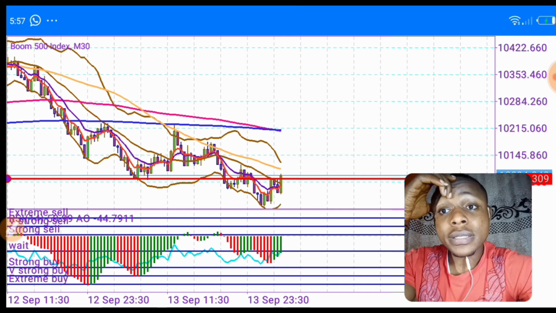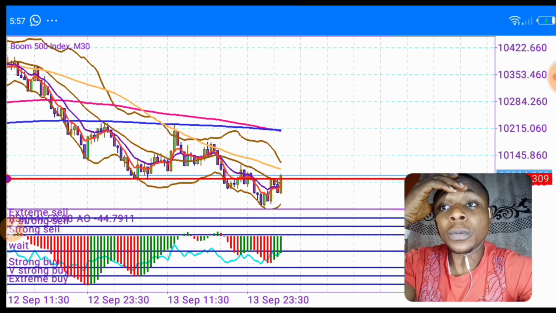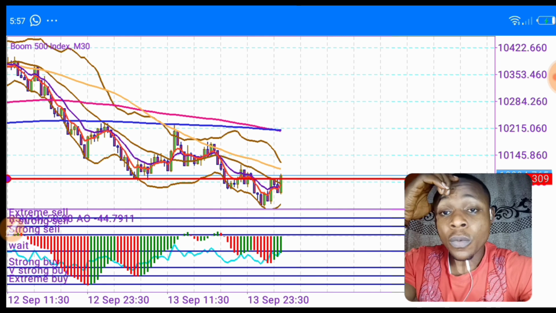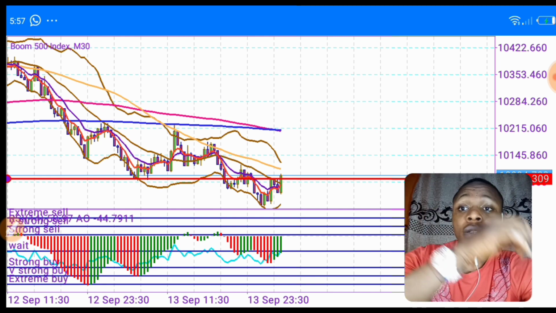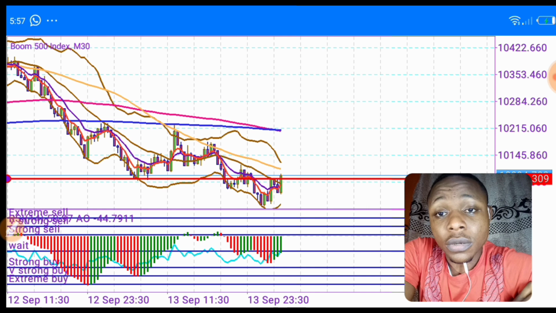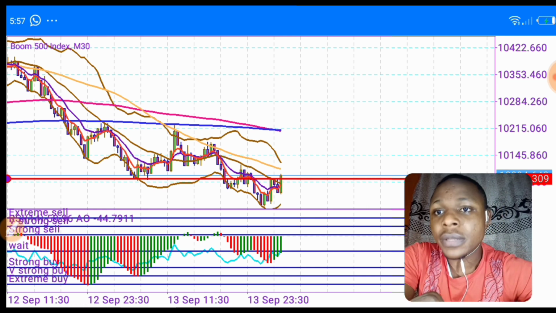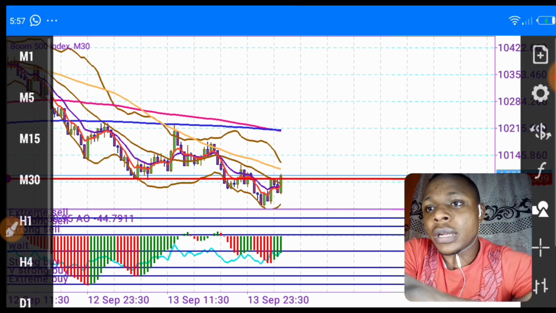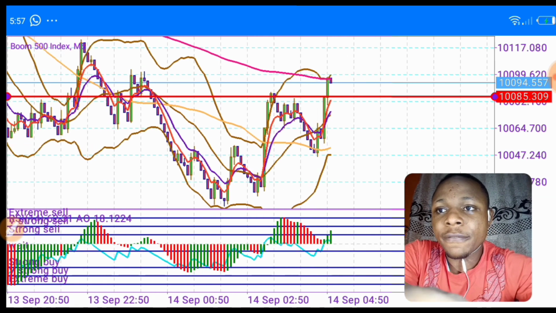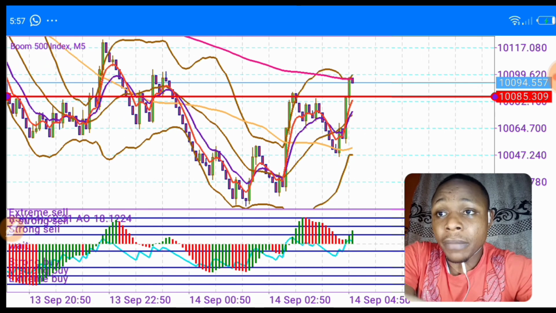Immediately it spikes up, try to cool down. Once you are not overloading your lot size, once you follow the normal risk management, just cool down and reanalyze, check if another spike might occur.